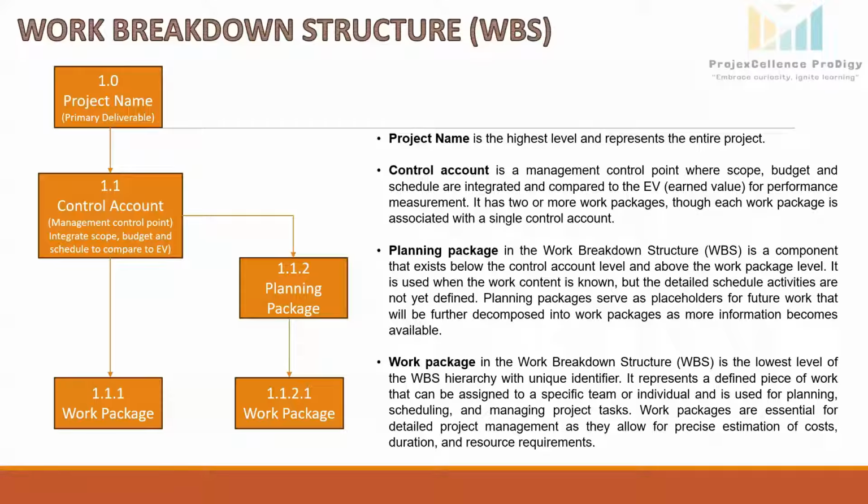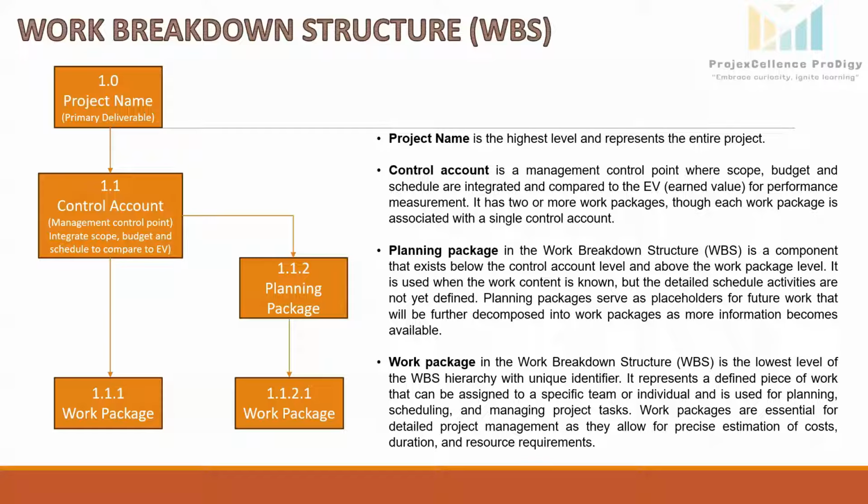This identifier is usually a code or number that corresponds to its place in the WBS. Like here, you can see 1.1, then it will be 1.1.1. Here 1.1.2, then 1.1.2.1. So this shows where it is getting placed in the WBS structure.